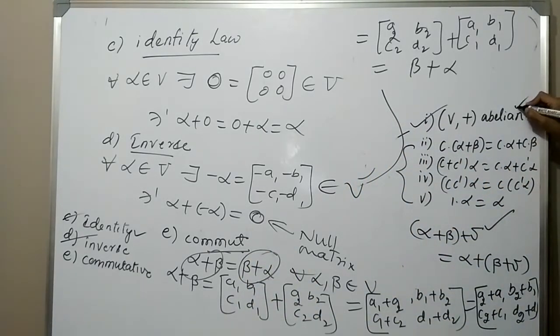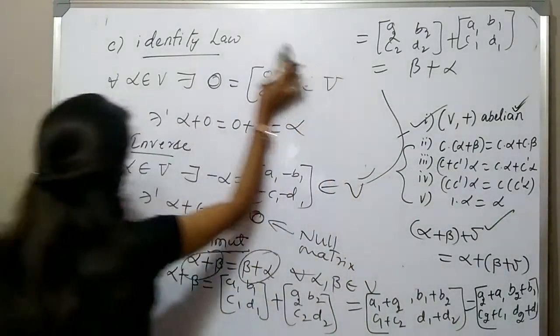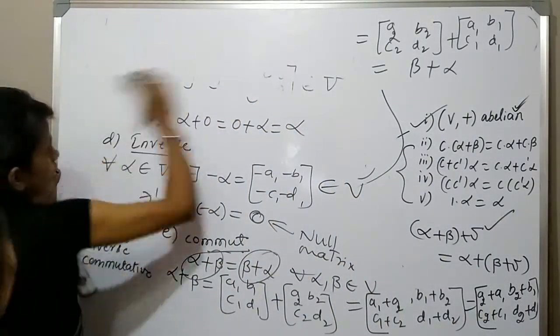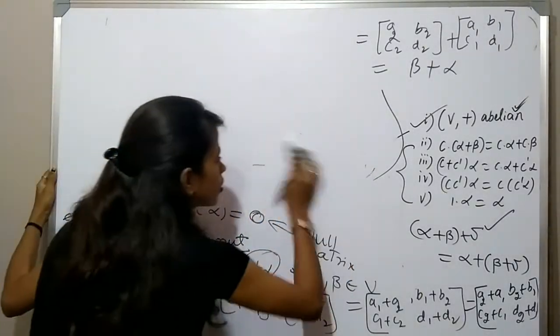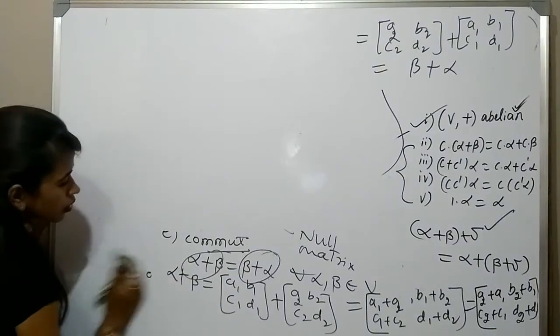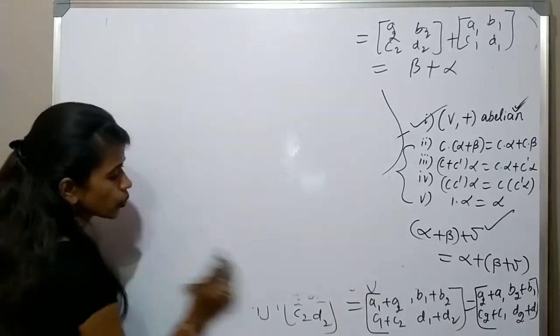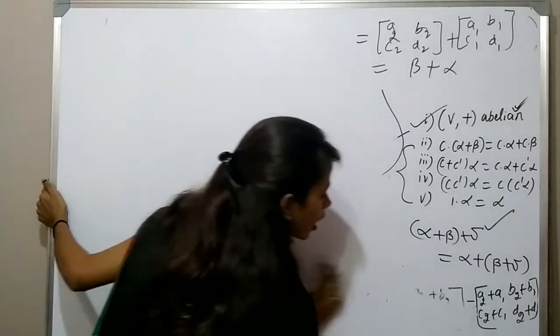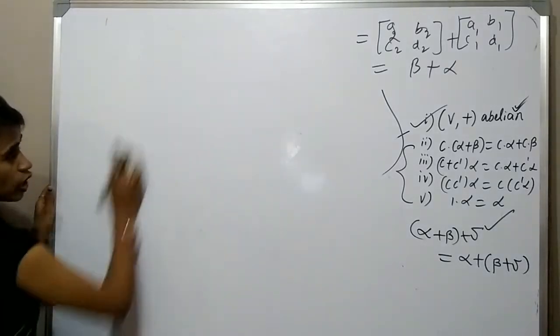So B comma plus abelian group is over. So here we satisfy closure law, associative law, identity law, inverse law and commutative law. Therefore, it becomes an abelian group with respect to addition.